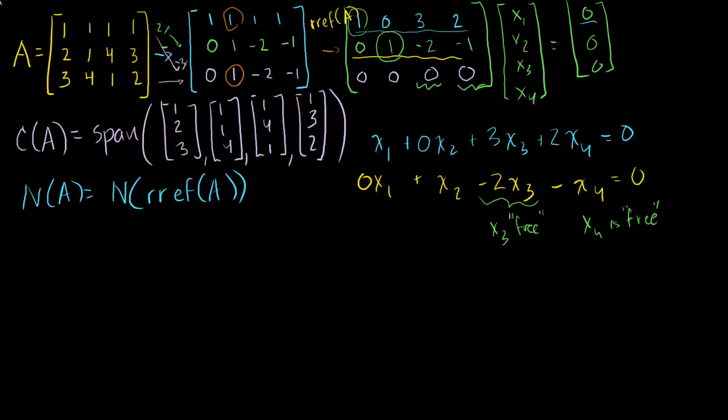So let's see if we can simplify this into a form we know. And we've seen this before. So if I solve for x1, this 0 I can ignore, that 0 I can ignore. I could say that x1 is equal to minus 3 x3 minus 2 x4. Right? I just subtracted these two from both sides of the equation.